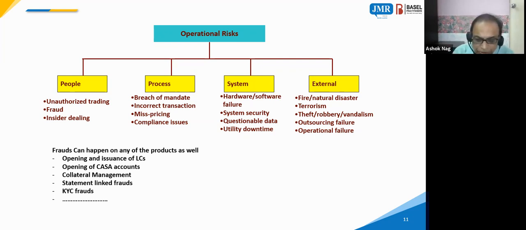For example, in the Nick Leeson case, of course, he was doing illegal trading to camouflage the losses he was making. But at the same time, there was a failure of the process. What was the failure? The failure of the process is that there was no segregation between middle office and front office.